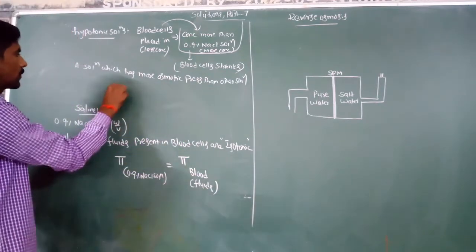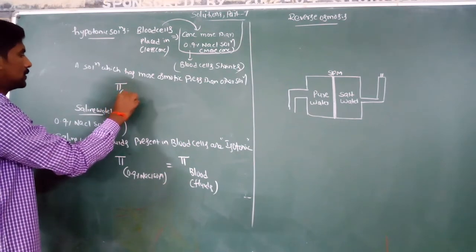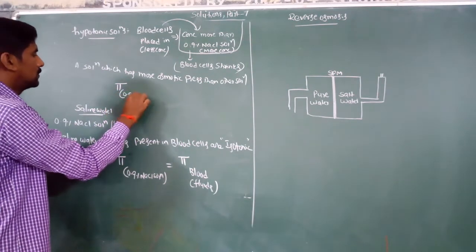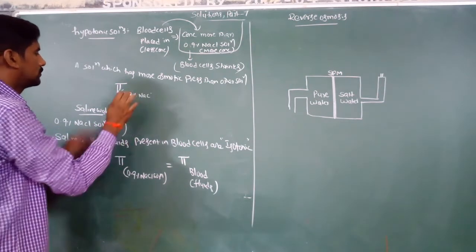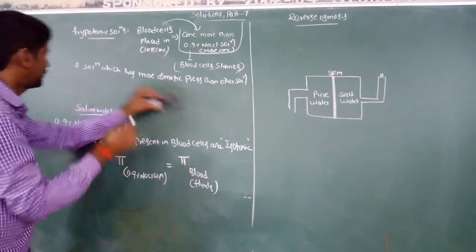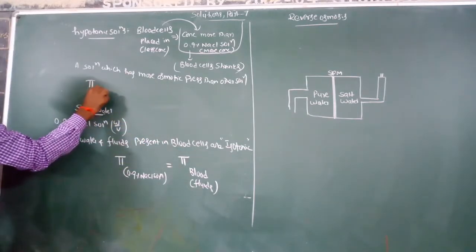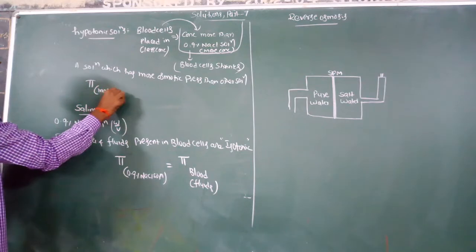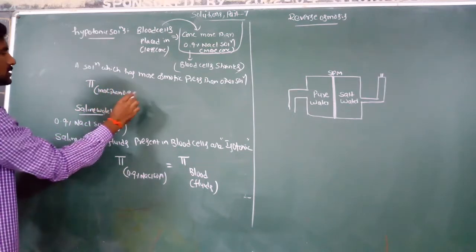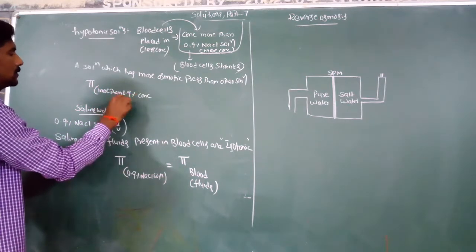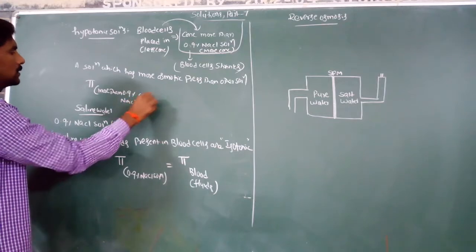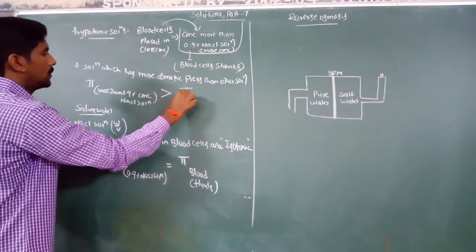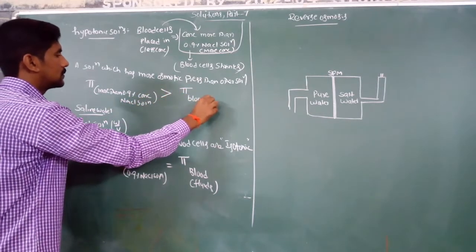Here, the osmotic pressure of more than 0.9% concentration of sodium chloride solution is greater than that of blood cells.